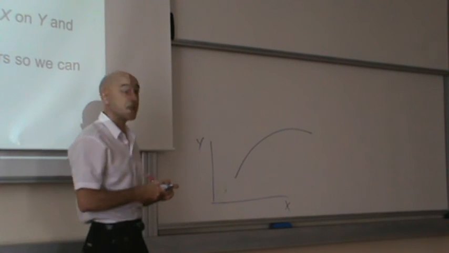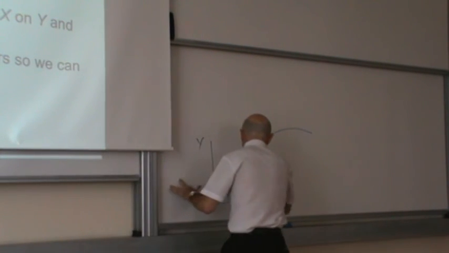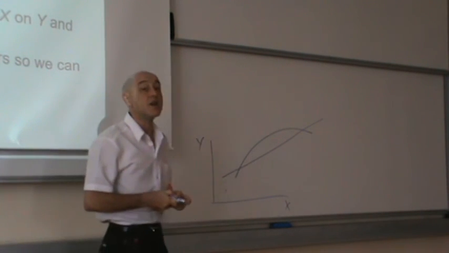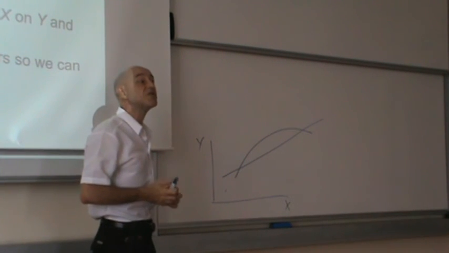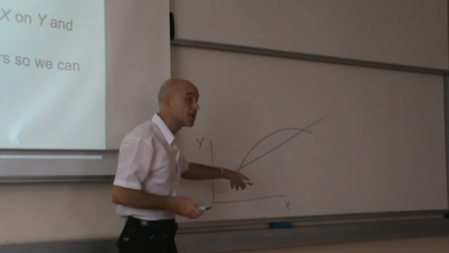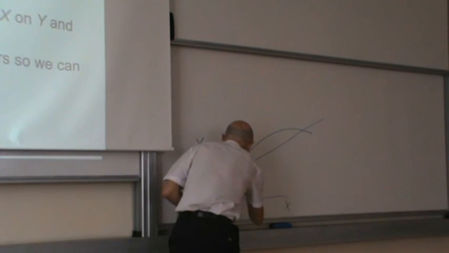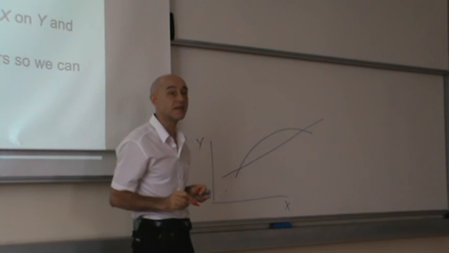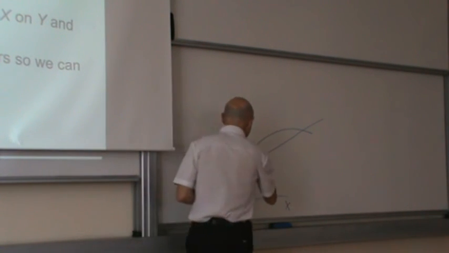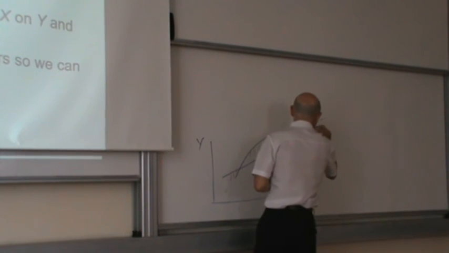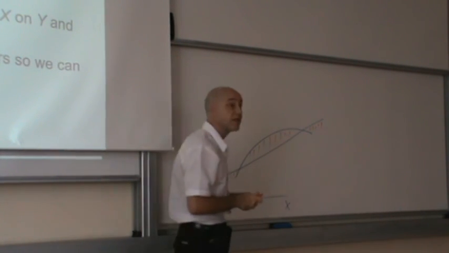Then you run your regression like this. You may be able to see the nonlinearity because the first residuals here will be negative, negative, negative. These residuals will be positive, positive, positive. And these will be negative again.